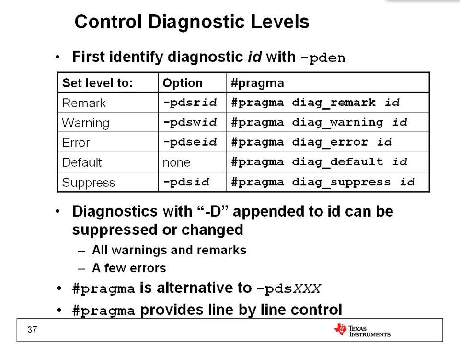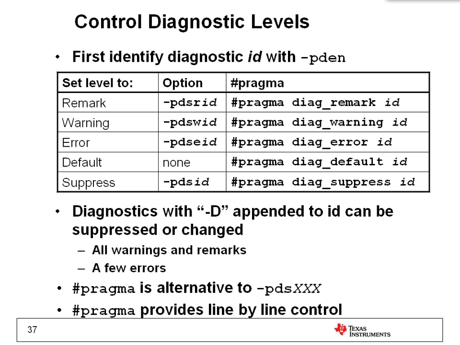You can use build options like we did on the previous slide. We used -pdse 225. There's also a pragma that you can put in a header file or in the C source to do the same thing. Probably the interesting one worth pointing out here is pragma diag default right there. That will reset that particular diagnostic back to its original level.